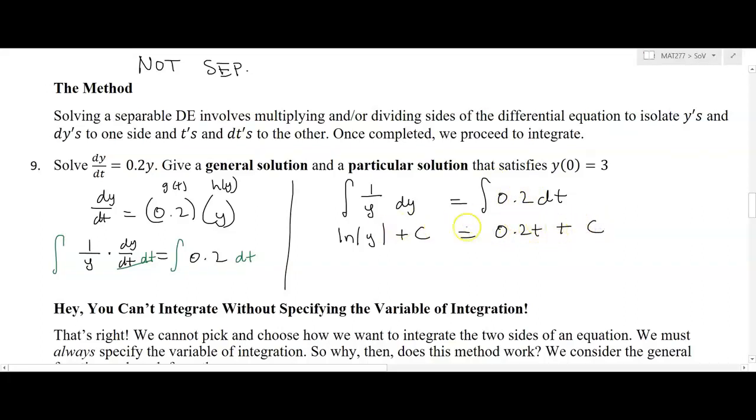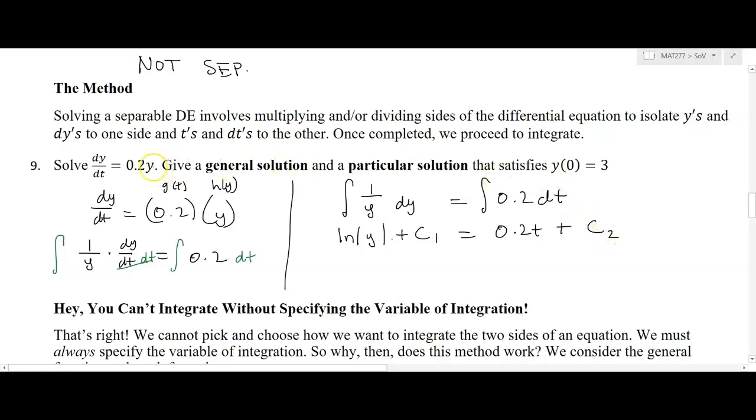But wait a minute, these aren't necessarily the same arbitrary constant, because when I take the derivative of the natural log of y plus any number, I'm going to get 1 over y, and same thing for the derivative of 0.2t plus c. So I'm going to keep track of these by putting subscripts here.